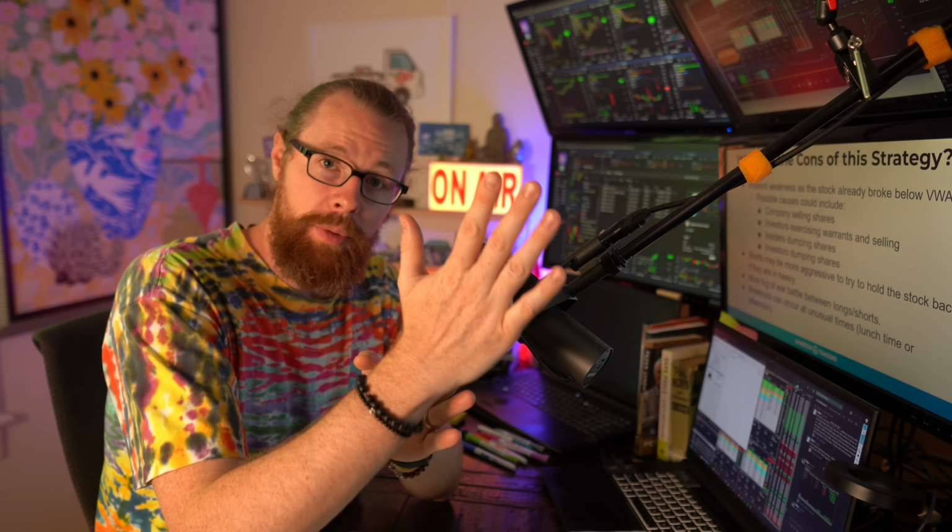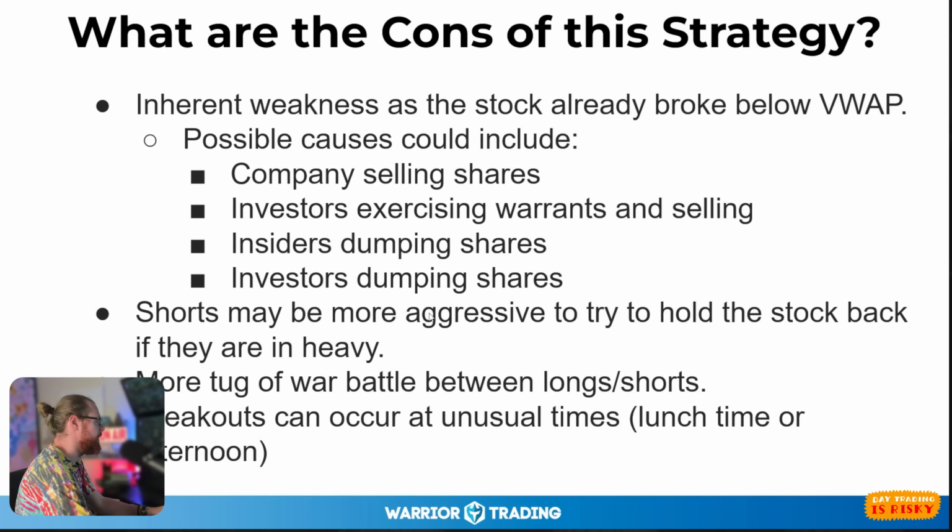Yes, the stock popped up early, made a nice big squeeze, but now it just feels like there's unrelenting selling, just driving the price back down. So when that's the case, it's not impossible that you could get a sub-VWAP trap, but if the selling is really strong, it doesn't usually happen, which makes this setup a little bit more rare.